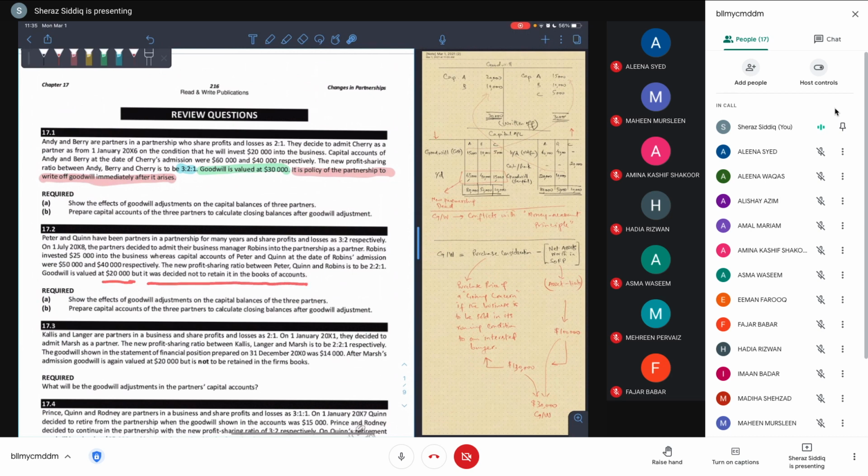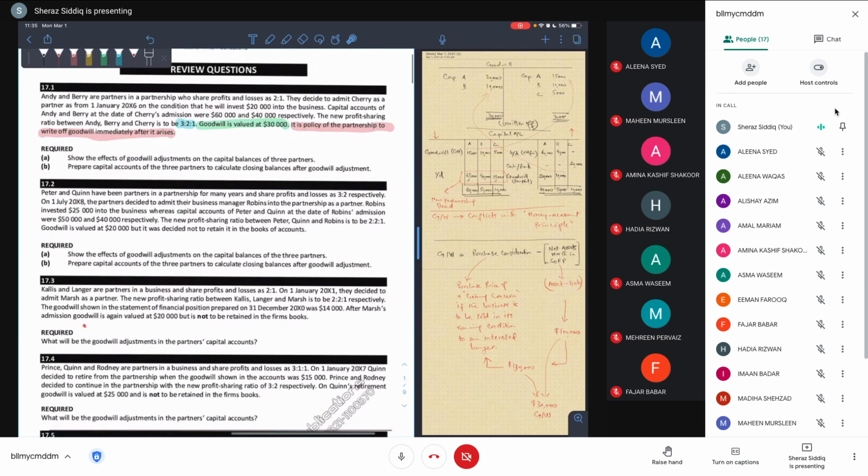That means goodwill account gets written off from the books, right? You can see in the next question as well, after Marcia's admission, goodwill is again valued at $20,000, but it is not to be retained in the books. So you can see it as a consistent theme, and very rarely you will find a statement over here that the partners decided to retain goodwill in the books and they will write it off in future because of some XYZ reasons. We will discuss those reasons later on.